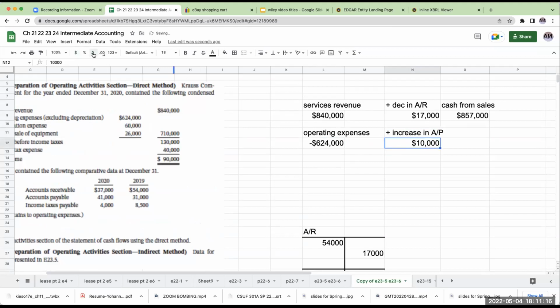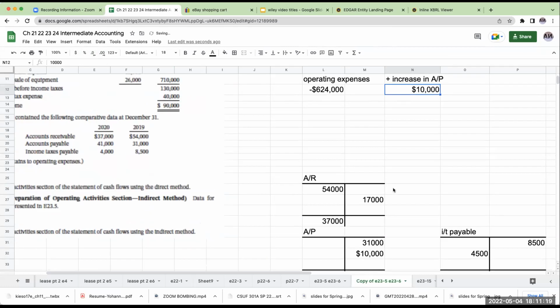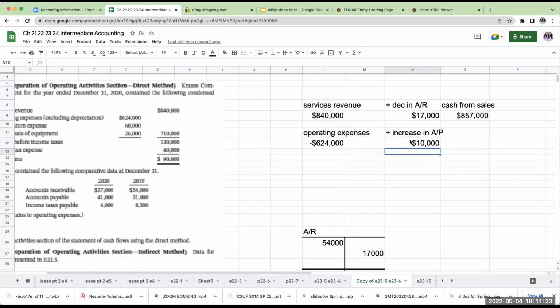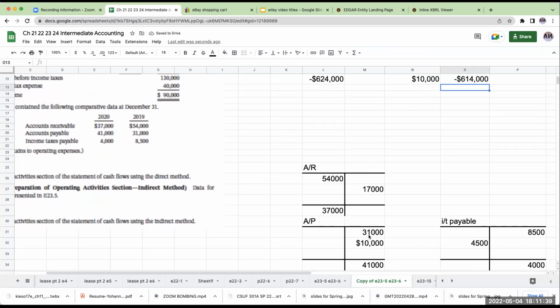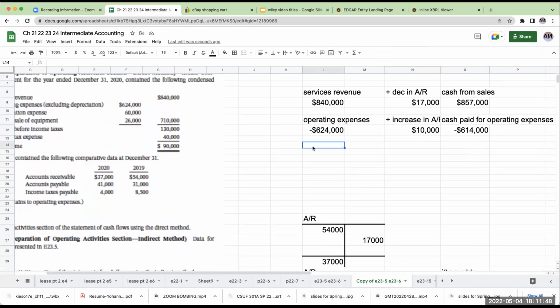Now I'm thinking we're getting close to a rule. If we look at the T account and the amount as a credit, we're going to add the amount to either a negative or a positive amount. So my cash paid for operating expenses is going to be over here at 614. Now, you might think of this as a little counterintuitive, but if my AP is going up, it means I didn't pay for part of these operating expenses. So therefore, I'm adding that amount back.